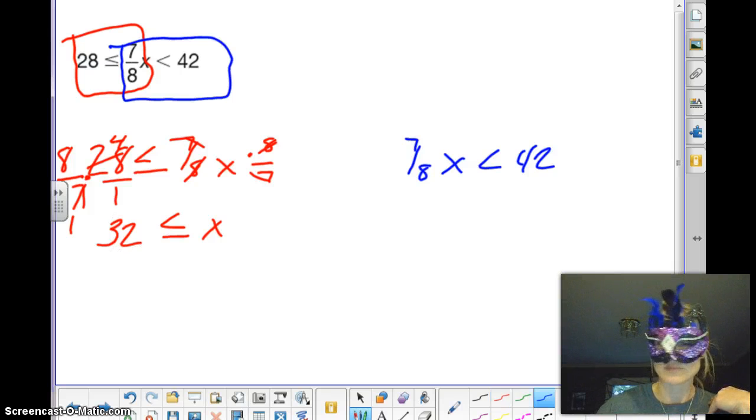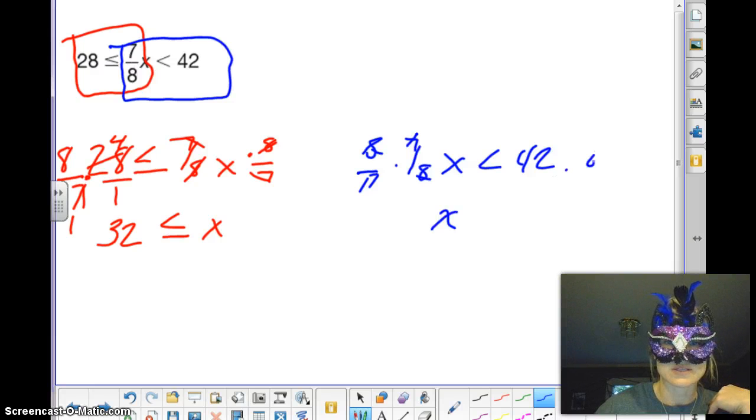All right. Same scenario over here. Multiply by the reciprocal. That'll cross off those 8s and cross off those 7s and leave you with 1x. But then we do the same thing over here. Put that over 1. Cross cancel. 7 goes into 7 once, and 7 divides into 42 6 times.